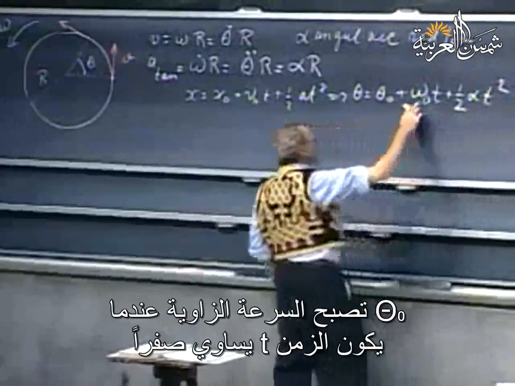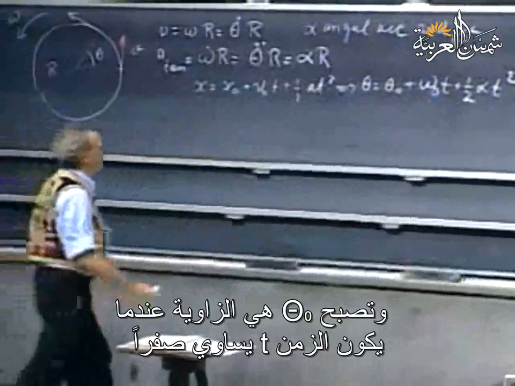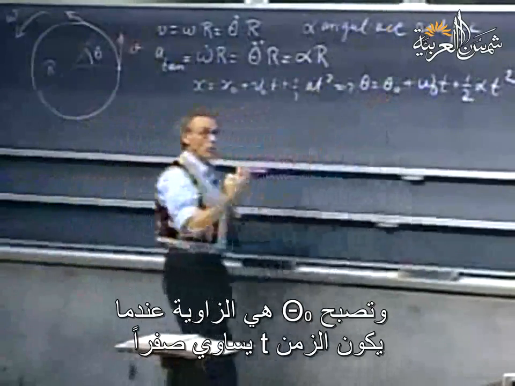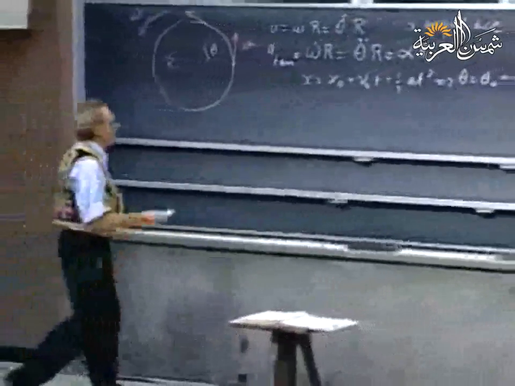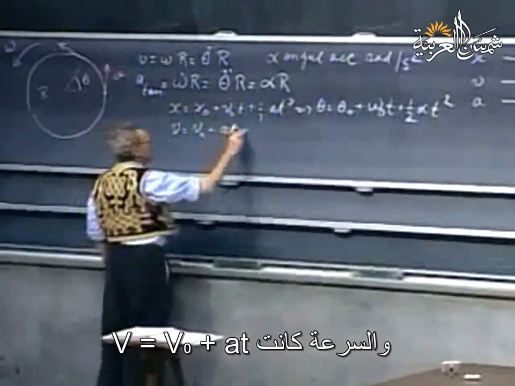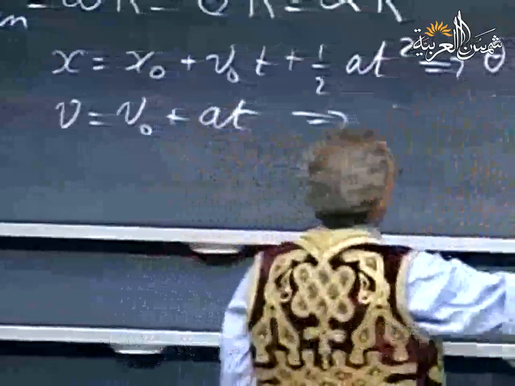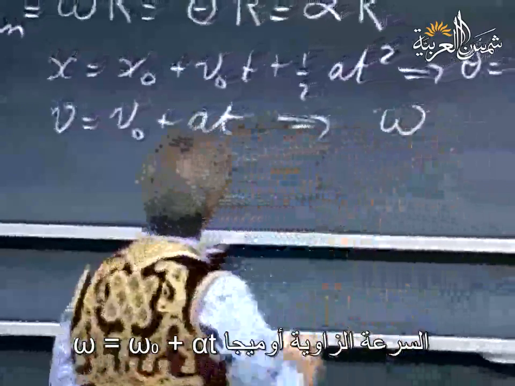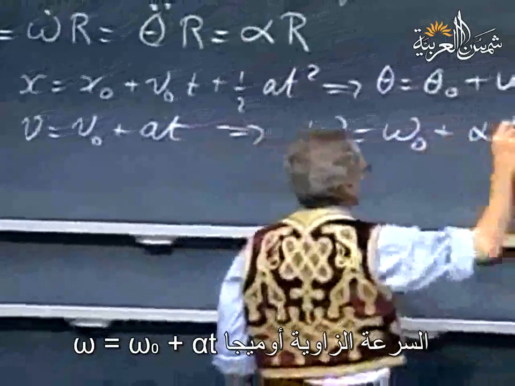It's that simple. Omega 0 is then the angular velocity at time t equals 0. And theta 0 is the angle at time t equals 0 relative to some reference point. And the velocity was v0 plus at. That now becomes that the velocity goes to angular velocity omega equals omega 0 plus alpha t.